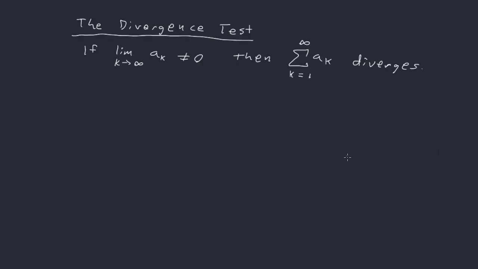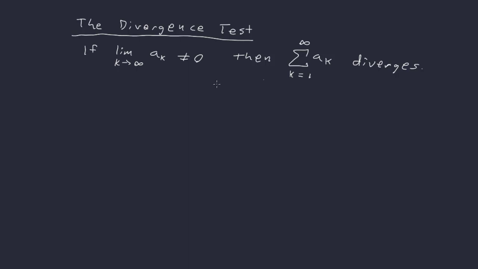Before we get really going with these series tests, I do want to bring up the divergence test. Right off the bat, what this says is: if the limit as k goes to infinity of a_k does not go to 0, then the series diverges.